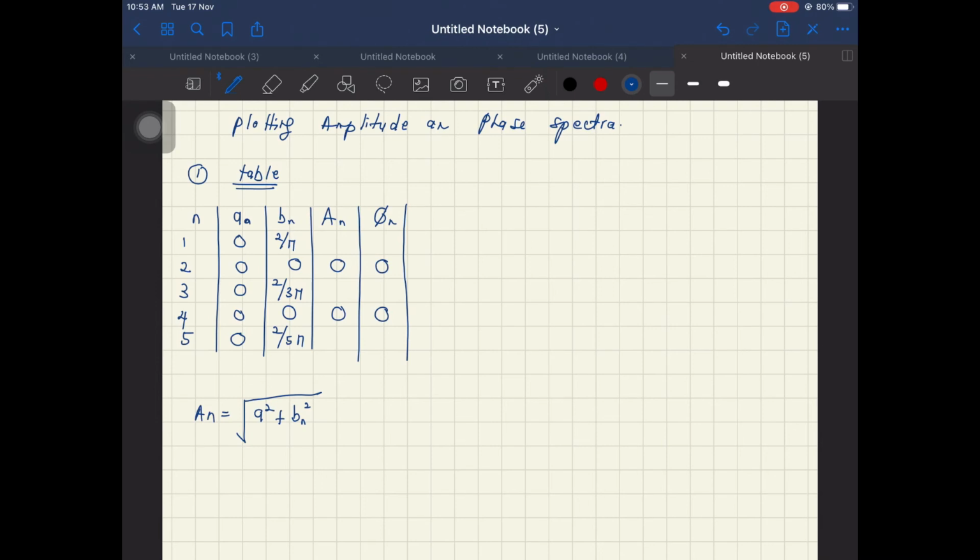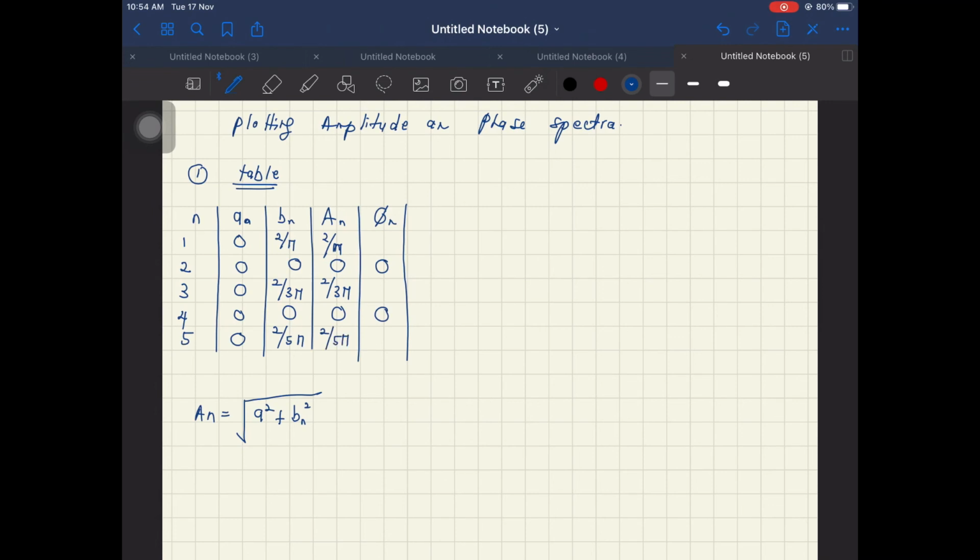So when you calculate it, we already know that a_n is 0, meaning that we will just copy all the values of b_n into A_n. As simple as that when you have a_n equals 0. Okay, I'm sorry, it takes time for me to calculate. So just to confirm, the values are 2 over pi, 2 over 3 pi, and also 2 over 5 pi.